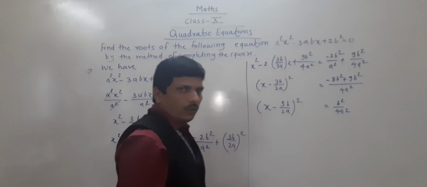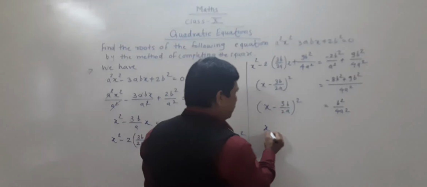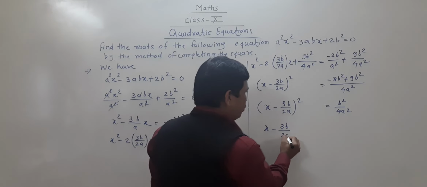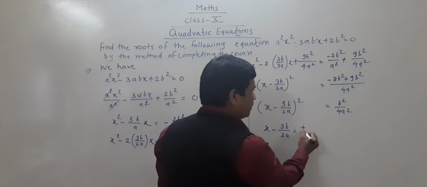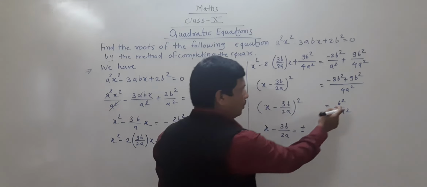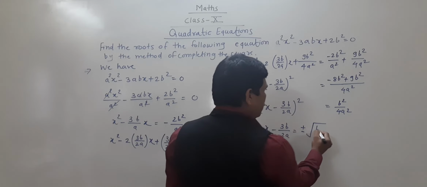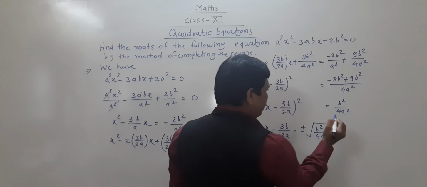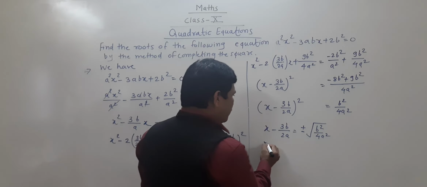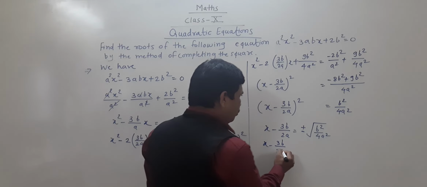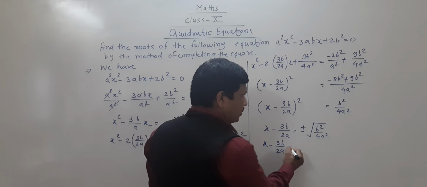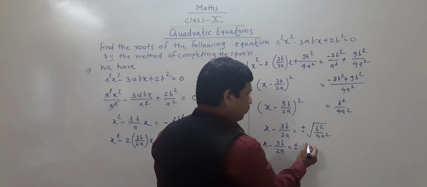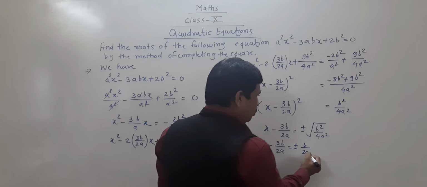Now if you remove the square, the procedure will be x minus 3b upon 2a is equal to plus minus, we are removing its square, so it will be under root b square upon 4a square. Okay, so x minus 3b upon 2a is equal to plus minus b upon 2a.